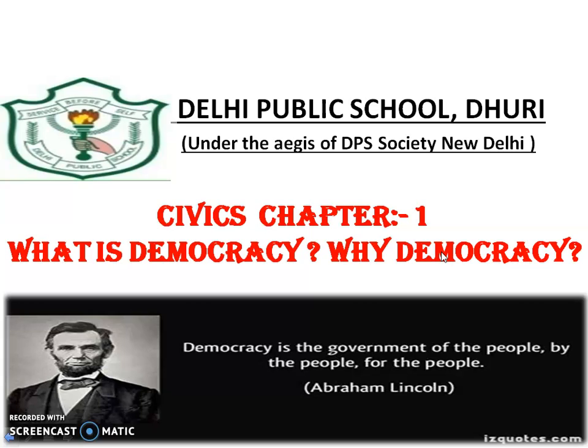Under the why democracy, first we take the arguments against democracy and then the arguments in favor of democracy. Then we take a broader meaning of democracy, especially the representative democracy.